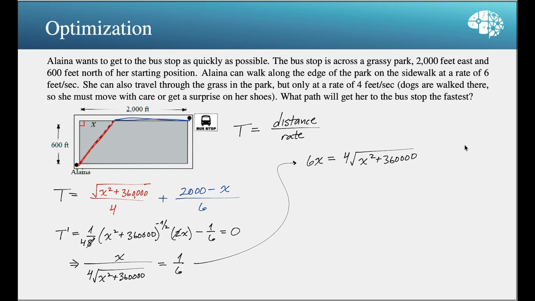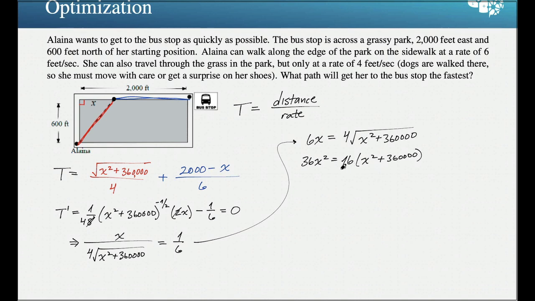Okay, now to solve for x here, I don't love that there's a square root here, so I'm going to square both sides. So I've got 36x squared equals 16 times x squared plus 360,000. And now we will distribute this 16 into the parentheses. So we've got 16x squared plus, let's see, 16 times that is 576. Subtract the 16x squared from both sides.